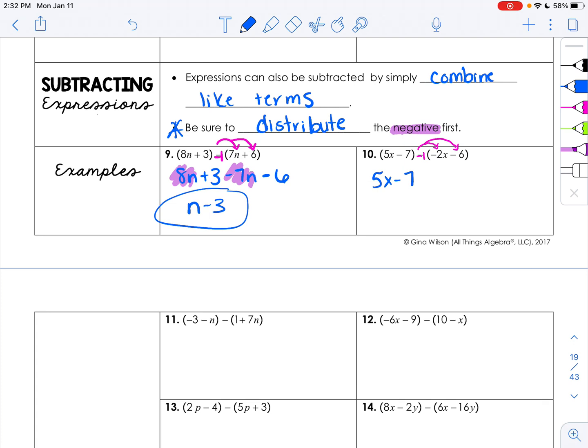Negative 1 times negative 2 is a positive 2x, and then negative 1 times negative 6 is a positive 6. Then I can combine my like terms. Looking at our variable terms first, so 5x plus 2x. 5 plus 2 is 7x. Negative 7 plus 6 is negative 1.